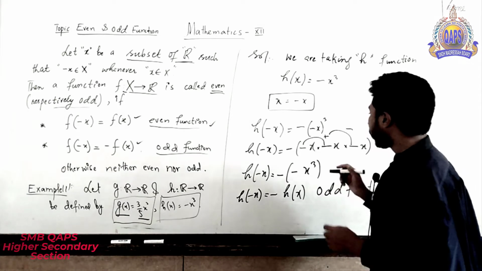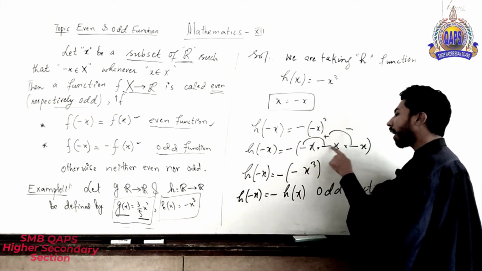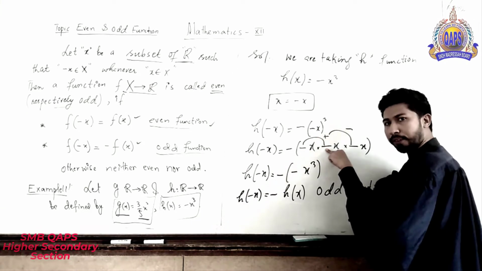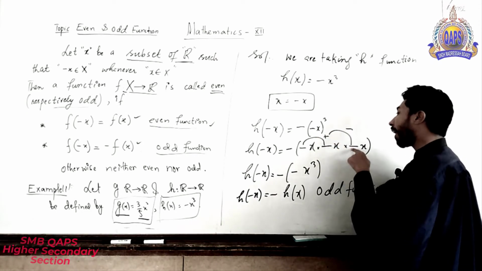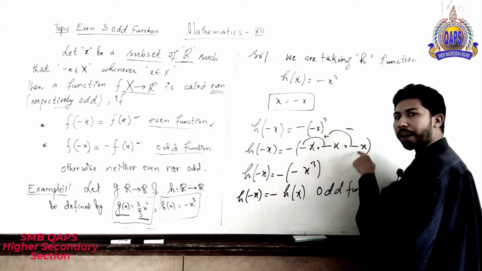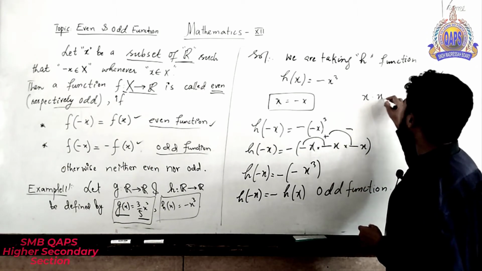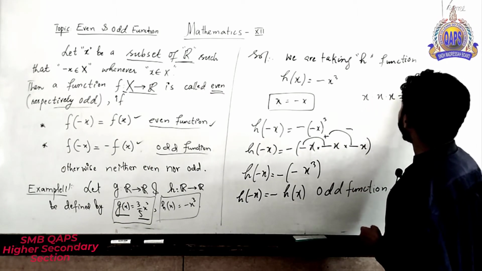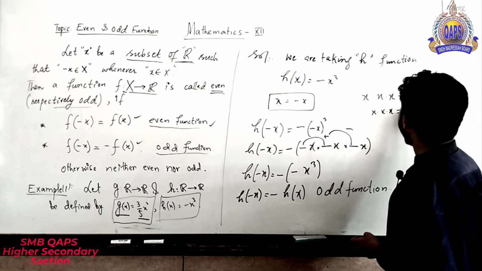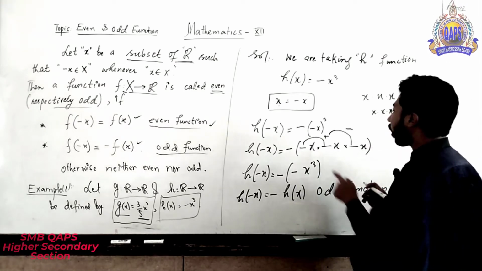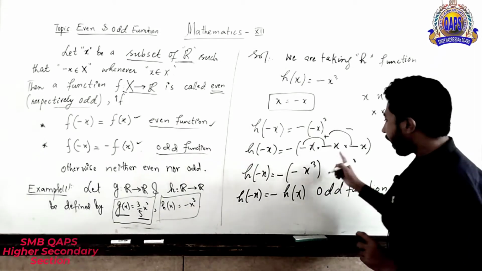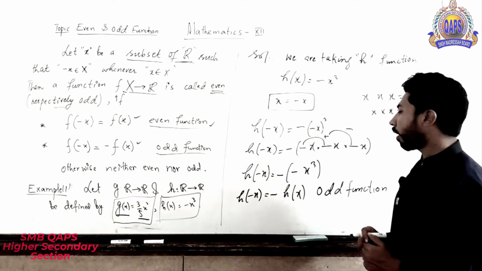So negative x multiplied by negative x multiplied by negative x: negative negative is positive, positive into negative is negative, and x multiplied 3 times gives power 3, so x cube. The negative sign remains here.